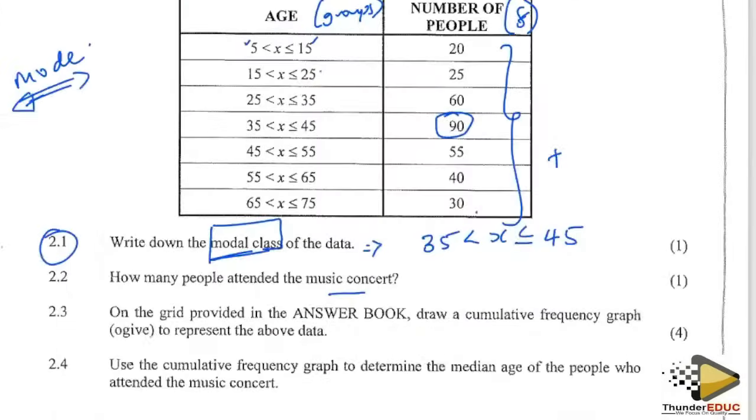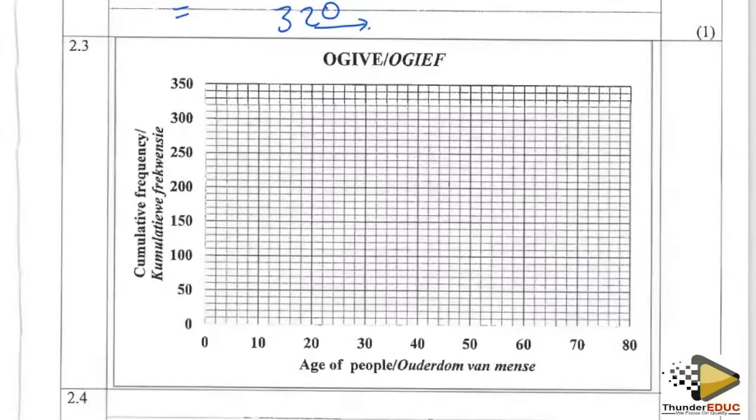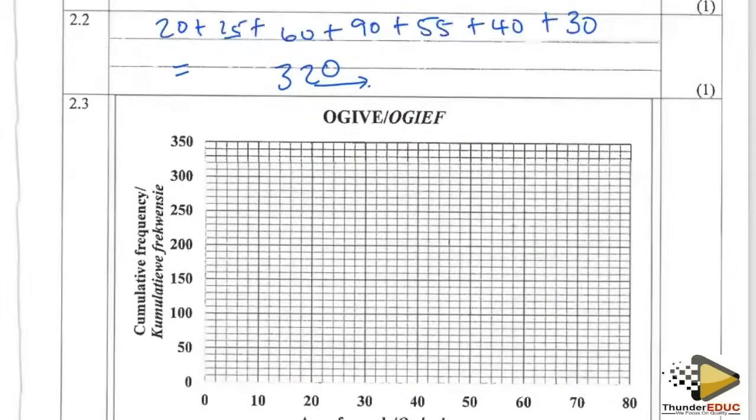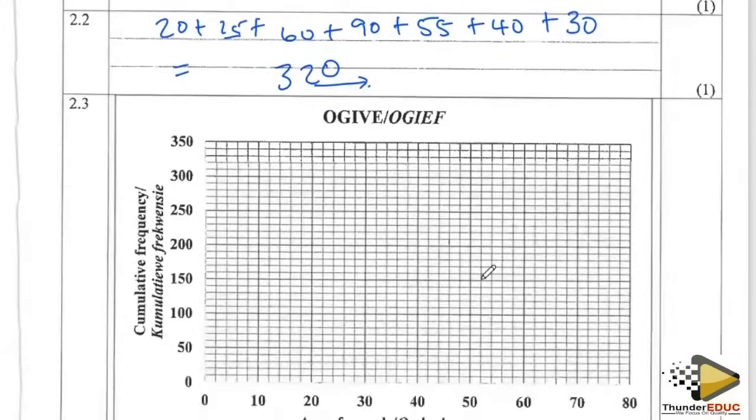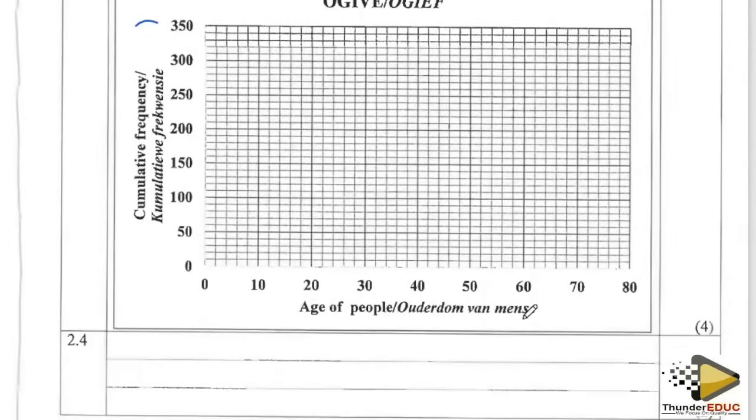All right, and then 2.3, they want us to draw a cumulative frequency graph. Sometimes we call this the Ogive, to represent the data. As we are plotting the Ogive, we need to know what we plot and what we don't plot. The grid has the cumulative frequencies here, and the edges on this side, which are more like the classes.